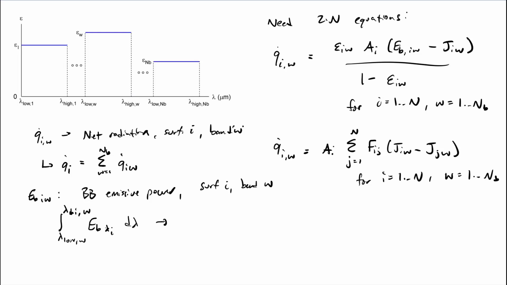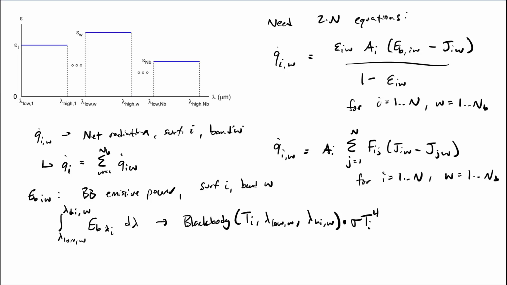So we would say E B I W is the black body fractional function for T I, the temperature of surface I, from lambda low W to lambda high W times sigma T I to the fourth. Right, so I can get E B I W using the external fractional function in that band times the total black body emissive power for surface I.